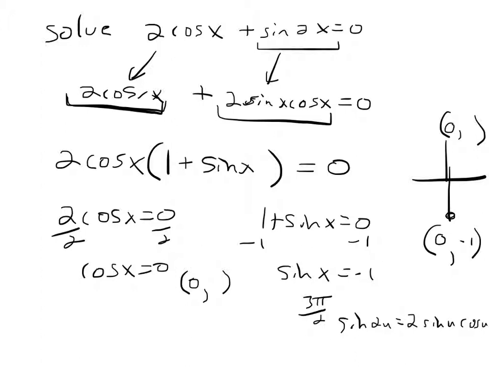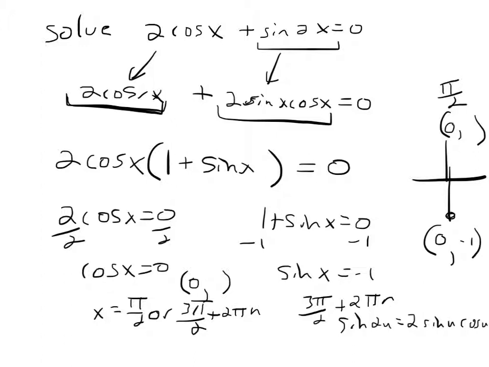But in terms of radians, that would be pi over 2 or 3 pi over 2. Okay, so if I add plus 2 pi in, I would get all values of the answer if I give more revolutions around the unit circle.